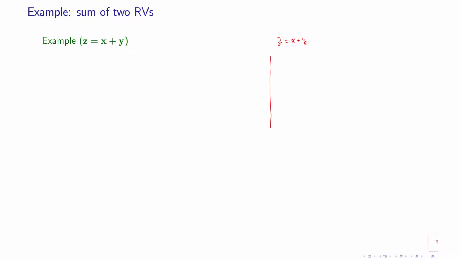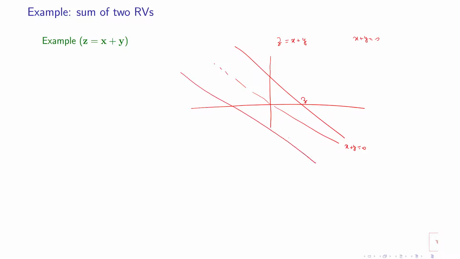If z is equal to 0, I will have x plus y equal to 0, so my solution will be this line. Now if I put z equal to 1, I get a line like that. In general, this point is z. If z is negative, you get a line like that. So this is the line of z equal to x plus y.